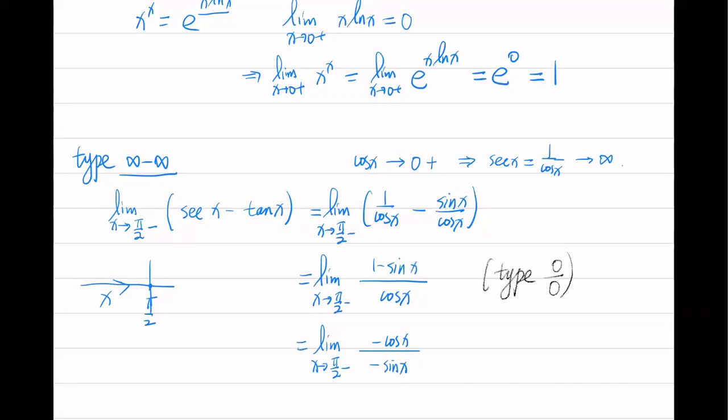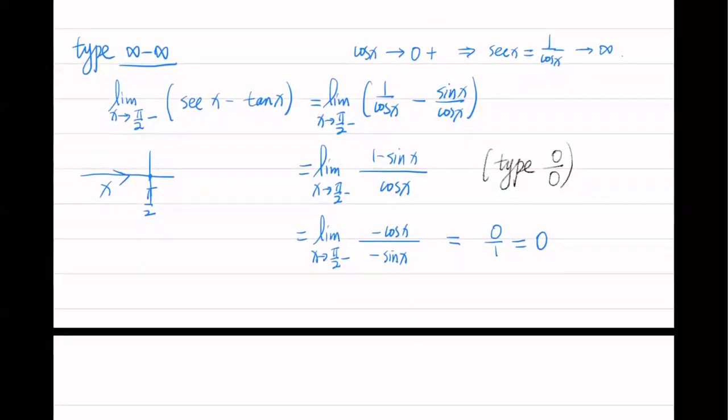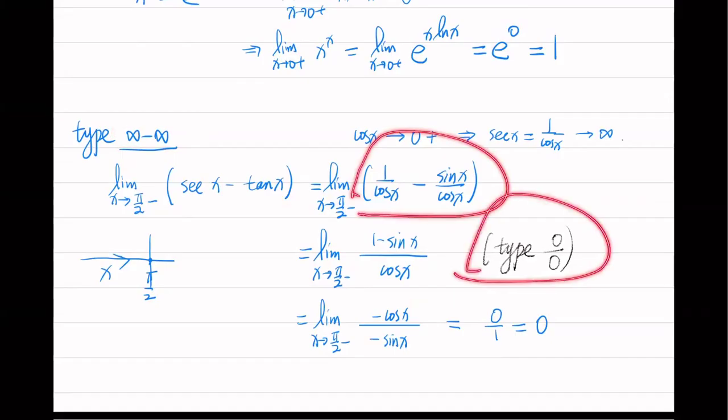So when you see infinity over infinity, we cannot plug in because we don't know how to evaluate this. So what we can do is somehow convert this to the type of 0 over 0. Then we apply L'Hopital rule, we get the limit.